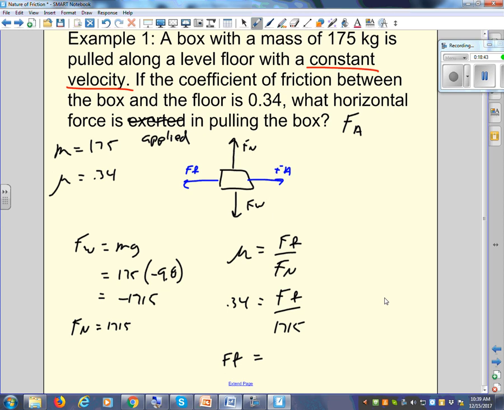So I take that 1715 and I'm just going to multiply by 0.34. 583.1. That's the friction force, 583.1.